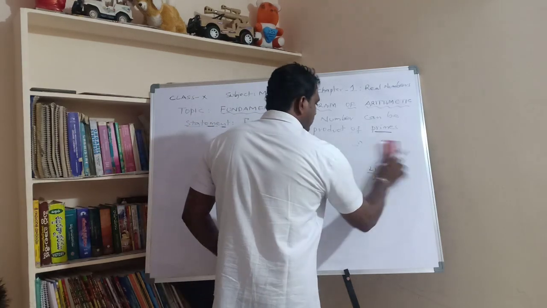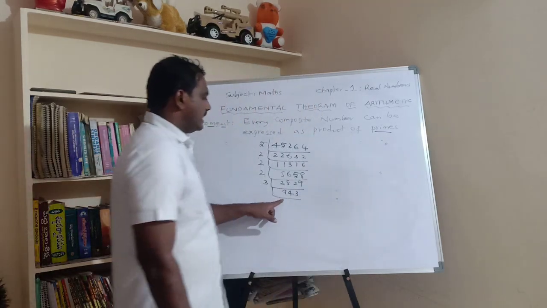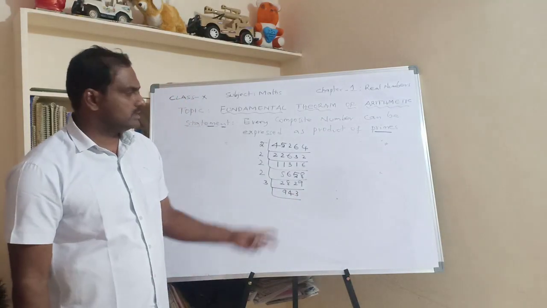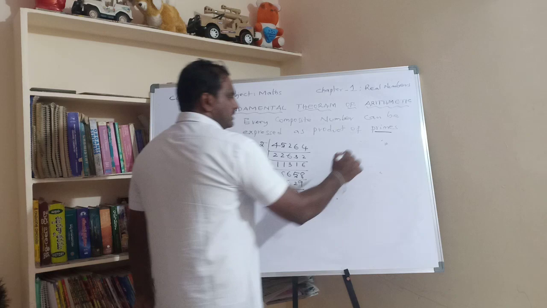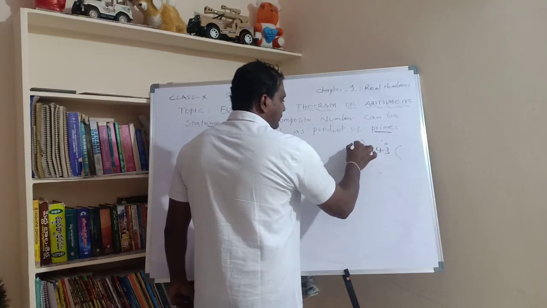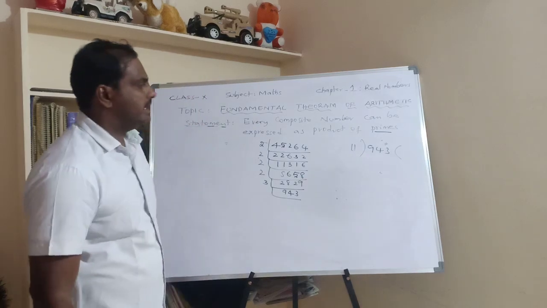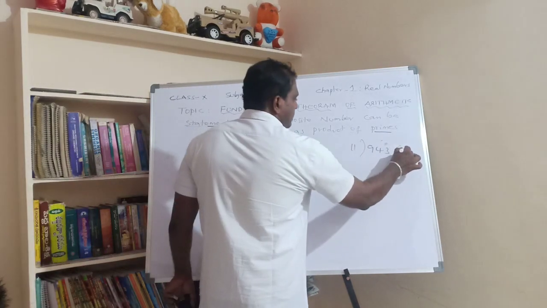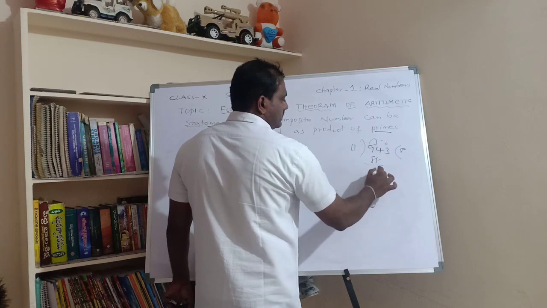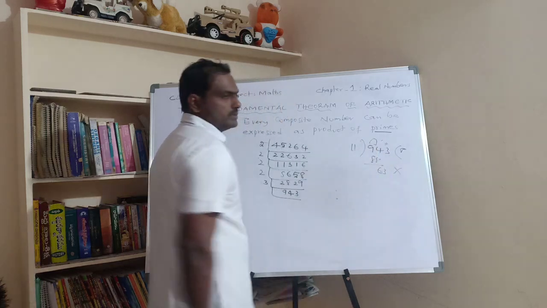Then we can check with 9. 9 ones are 9, 9 fours are 36. It is also not possible. 10 is not possible. Next we can go for 11. 11 ones are 11, 11 eights are 88. So the remainder is 6, 63. This is also not possible.